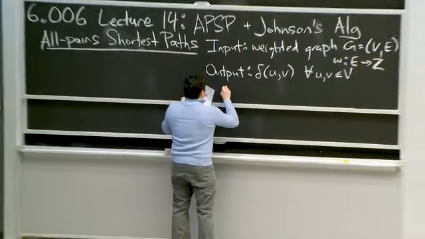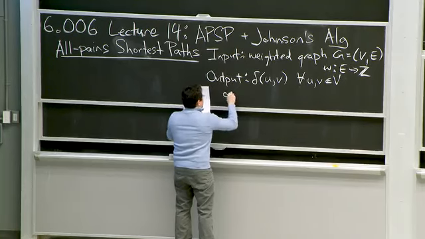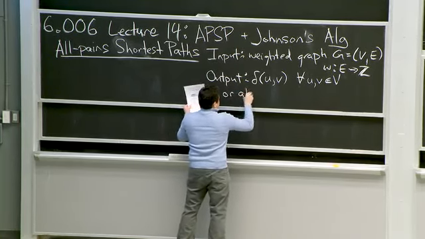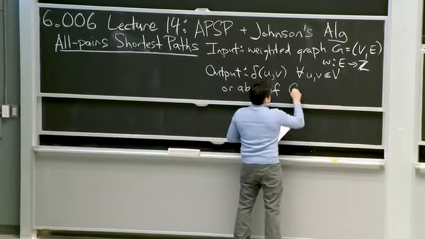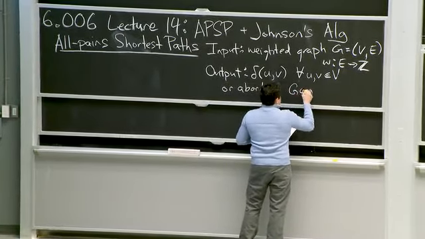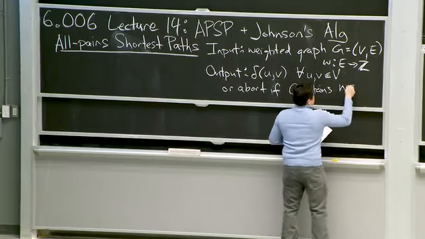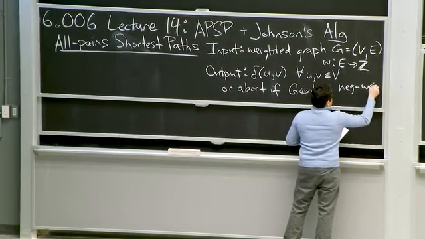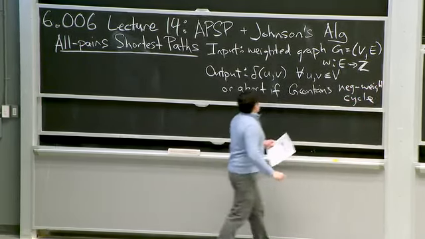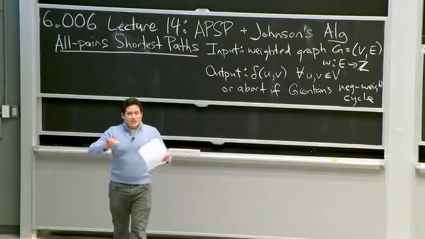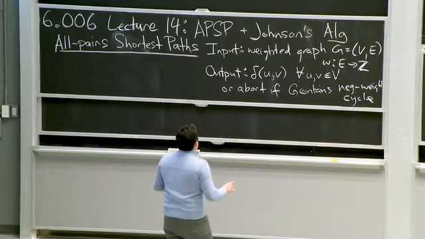So we would abort if G contains a negative weight cycle. Okay? So we're not actually going to worry about negative weight cycles in today's class.